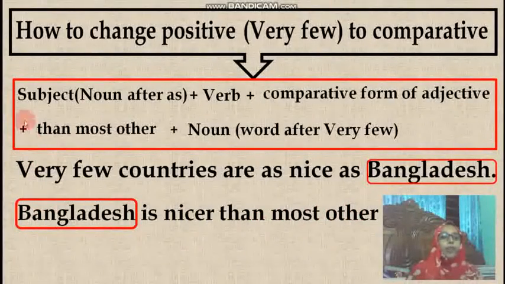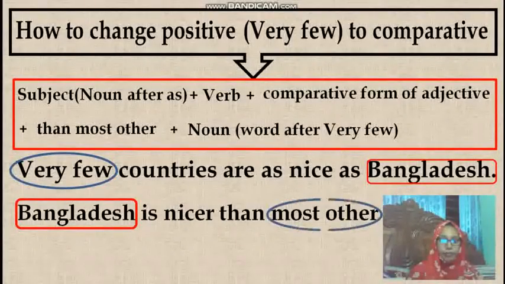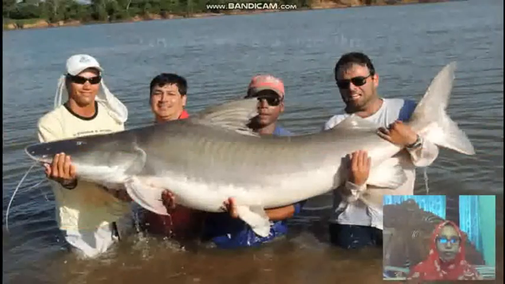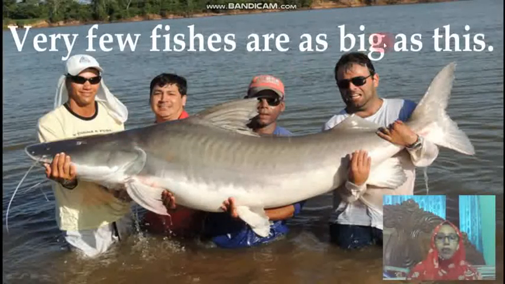You see, with the rules, at first we use Bangladesh here as the subject, and then the verb "is" matching with Bangladesh, the comparative form of the adjective nicer, and in place of "very few" we use "than most other", and the word after "very few", countries. Another example: Very few fishes are as big as this.